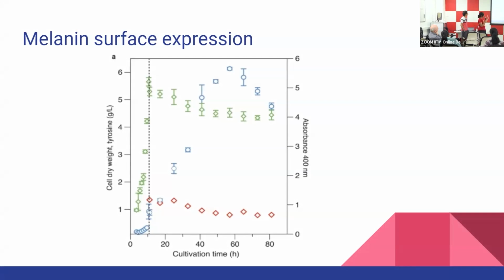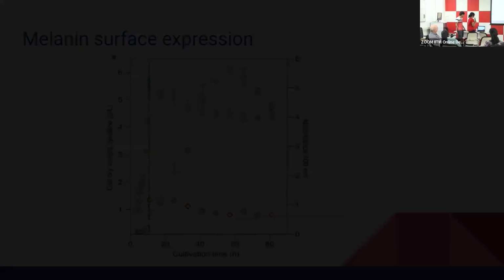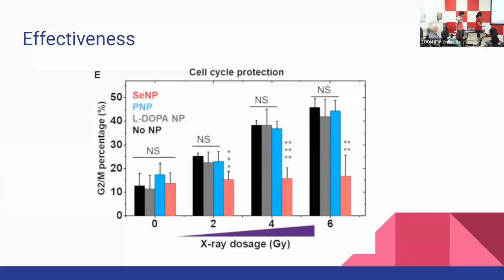Even as we keep producing tyrosinase and melanin production keeps increasing, the cell is still produced at the same amount, which shows there's no effect on the metabolic systems which are already present in E. coli.